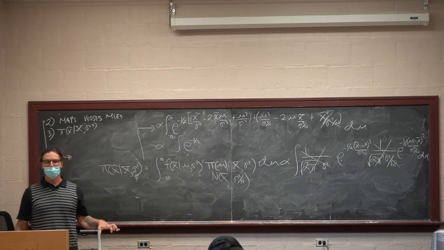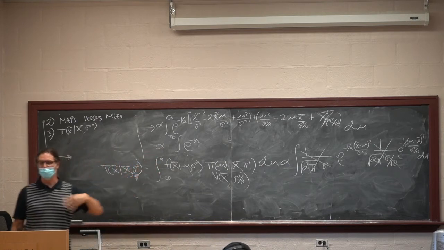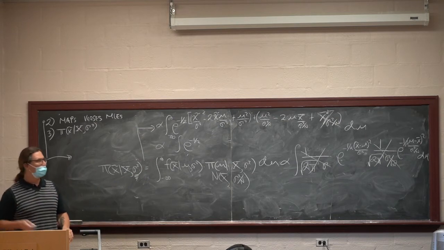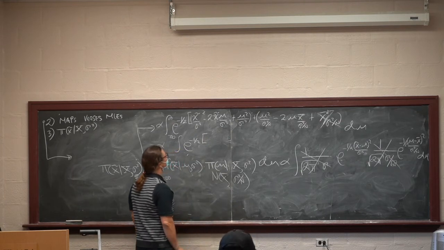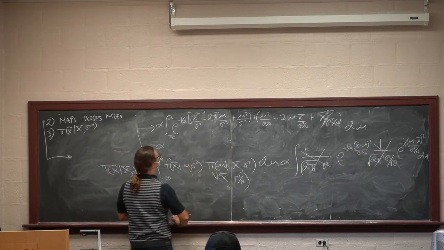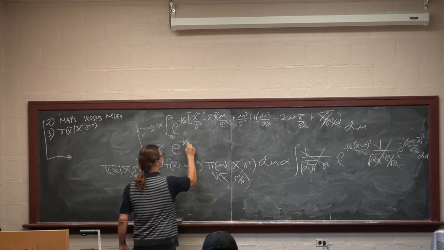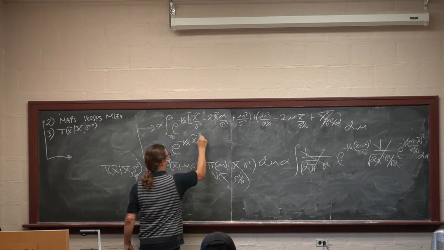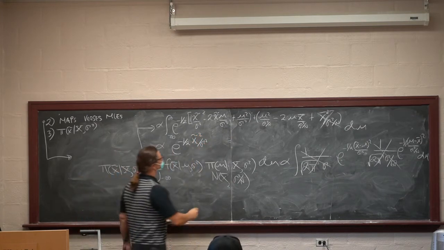So we know x bar, we know sigma squared. That can be factorized out, so it's a proportionality constant. And I'm factorizing out the x tilde, e to the minus 1/2 x tilde squared over sigma squared, from the integral.